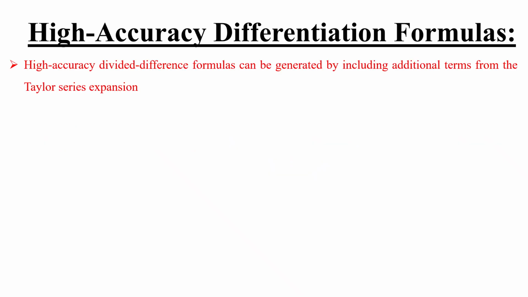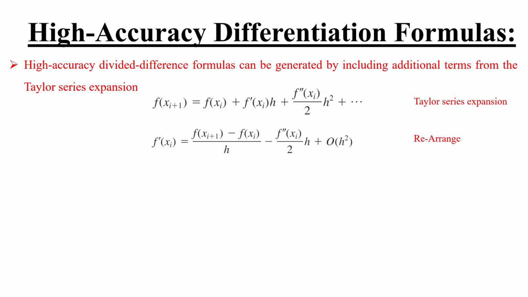Now high accuracy divided difference formula can be generated by including additional terms from the Taylor series expansion. So if you remember, this was our Taylor series, so we can rearrange it and we have this formulation. Previously we know that this is the second order that we calculated in the previous slide.